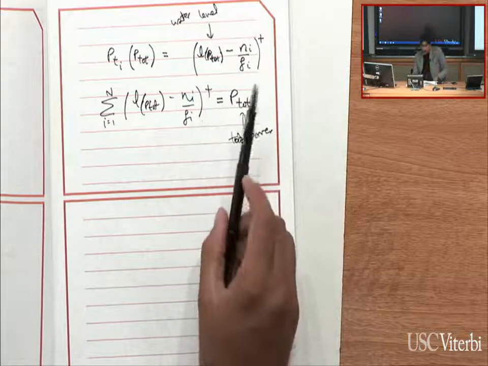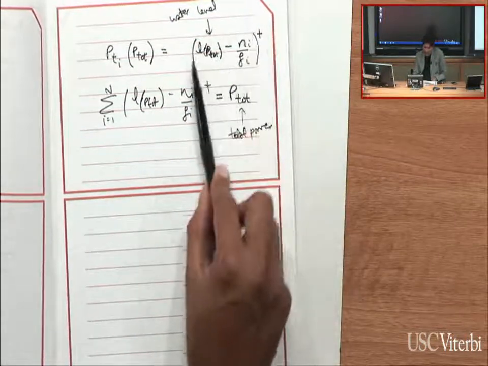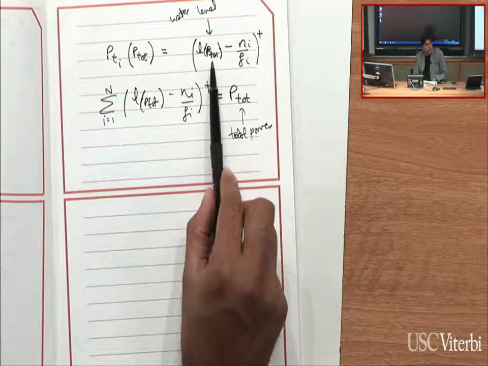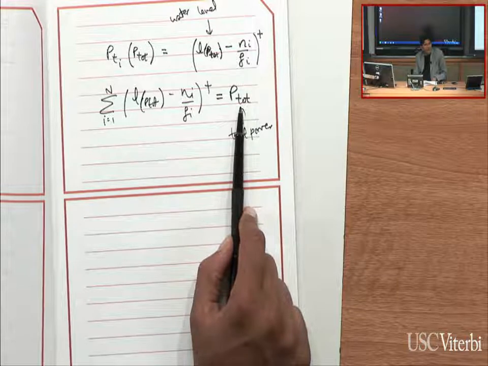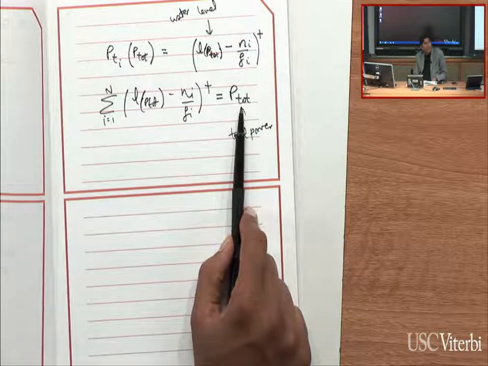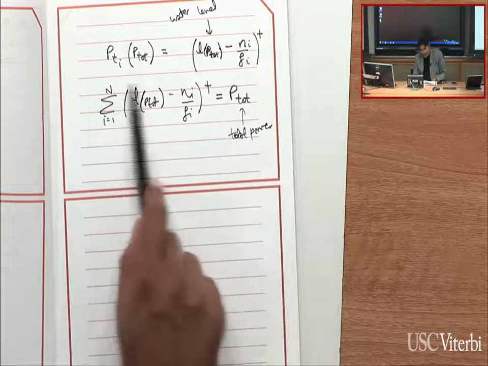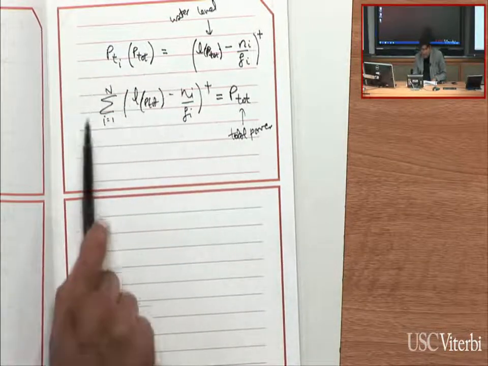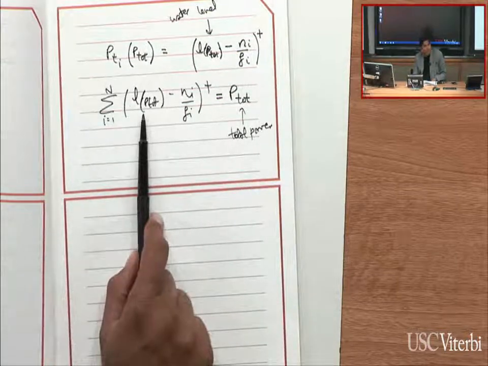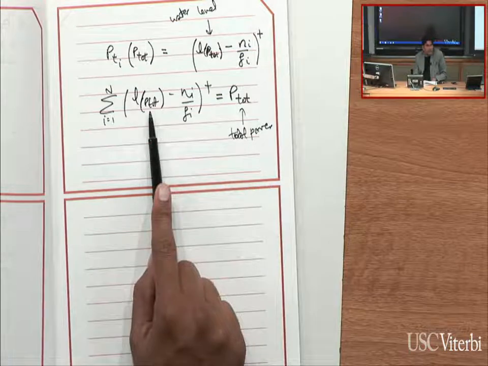So if you look at this set of equations, it seems a little puzzling because L is actually unknown to us, right? Ni over Gi we know, P total we know. But the claim is that if I tell you all the Ni over Gi and I tell you the P total, by just iterating through this equation alone, you can find out what L should be. It's an equation in one unknown, right?